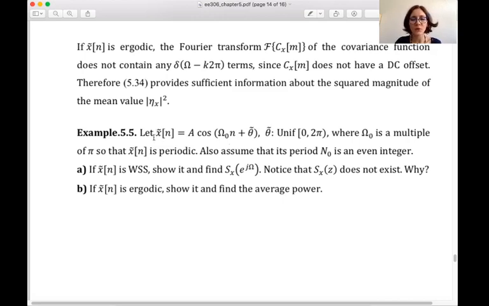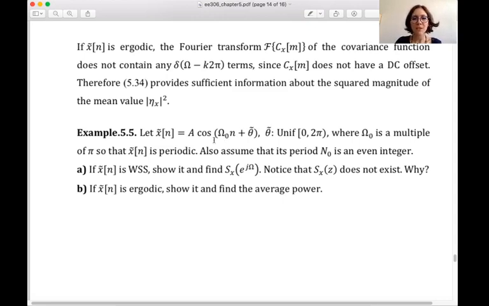Any realization of the random process is periodic. Just be careful when you look at a realization of this random process. Theta is just some phase term, so just ignore it. The variation is coming from this part, omega 0 n. In the case that omega 0 is not a multiple of pi, for instance, if omega 0 is 1, think about the function cosine n.